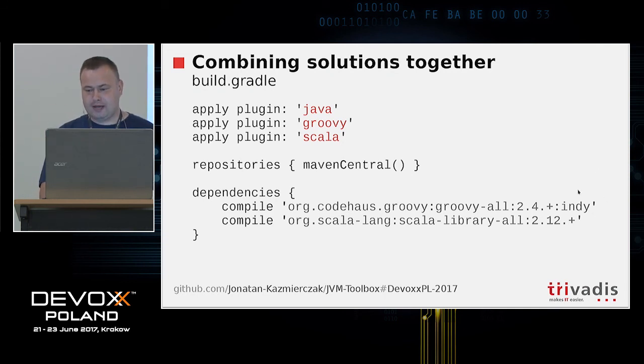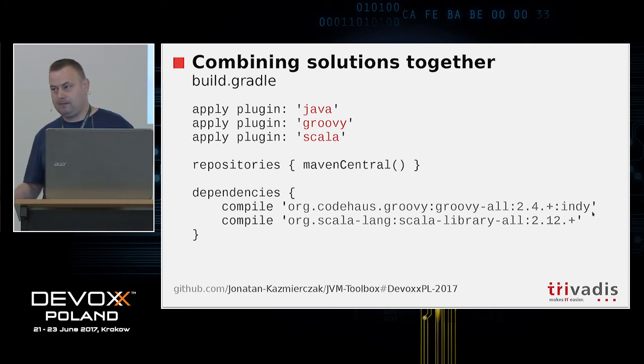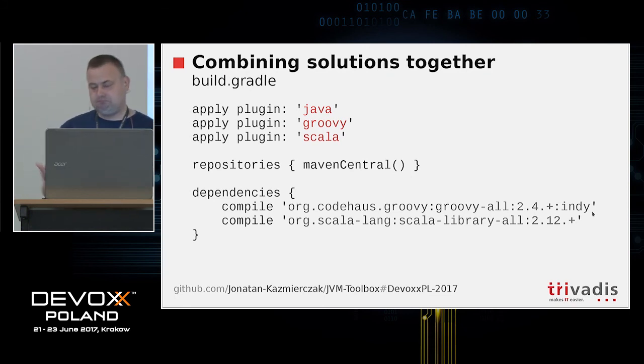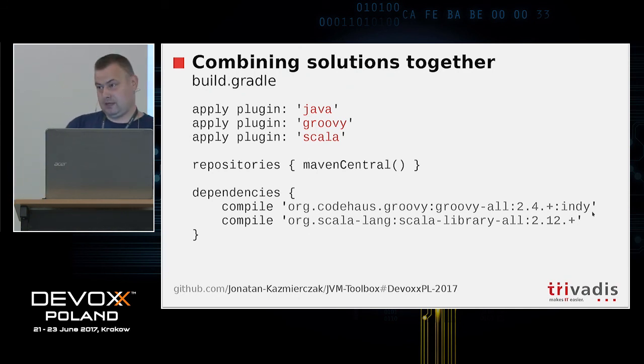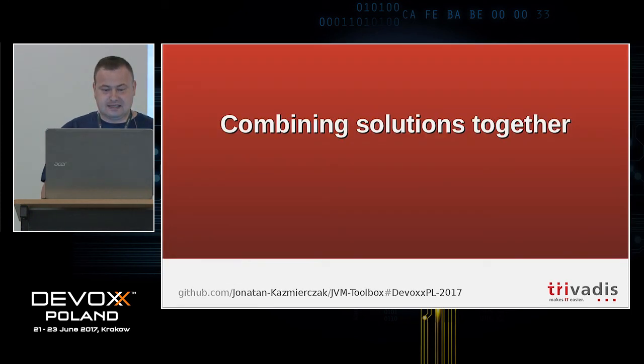So one thing why Groovy is good, doesn't mean it's the best, but it's good, is the fact that the code is compiled with invoke dynamic. And this gives a significant difference in performance of Groovy itself. So always invoke dynamic version. Then there is another thing which surprised me, and I can disclose it now.